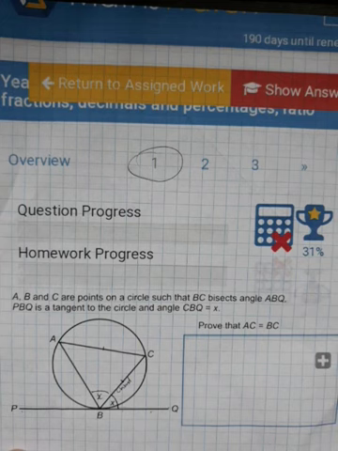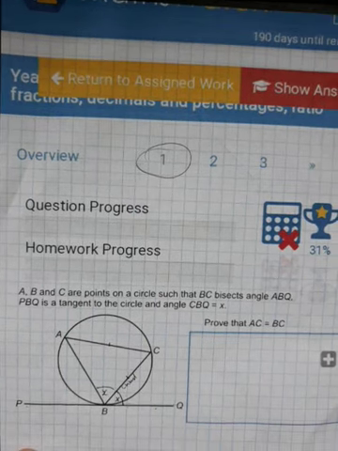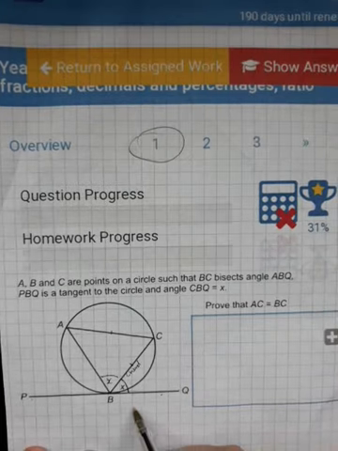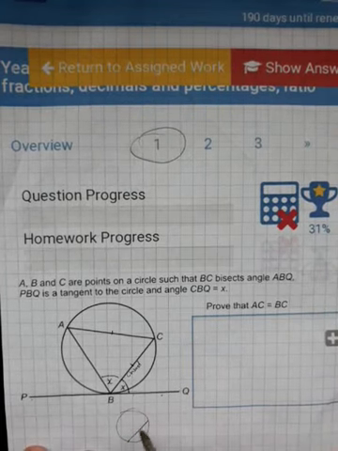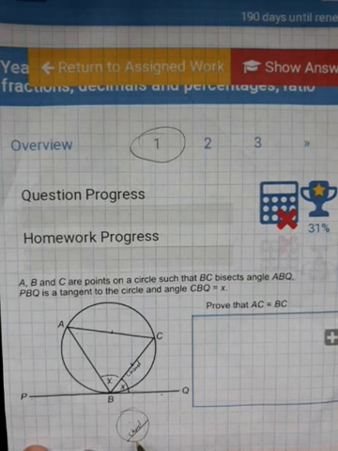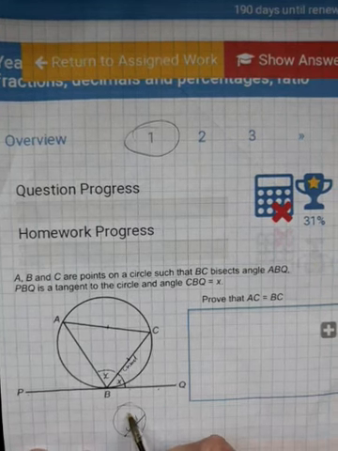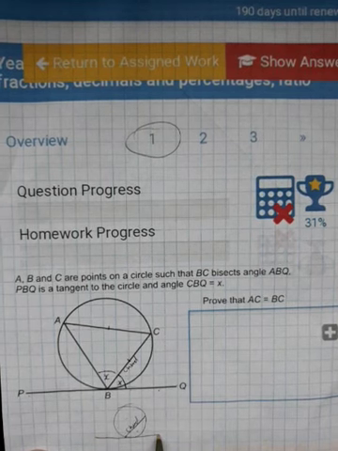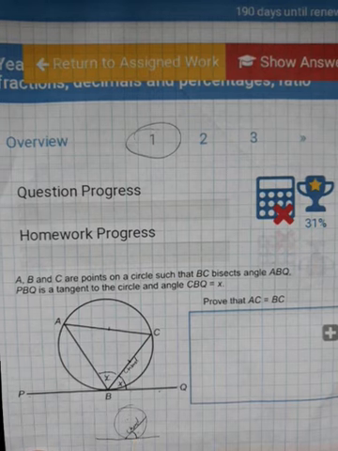If you watch my previous videos on the alternate segment theorem, let's quickly recap here. There's a chord that splits the circle into 2 segments, a minor and a major segment. Any angle between a tangent and a chord in this segment is equal to the angle in the alternate segment.